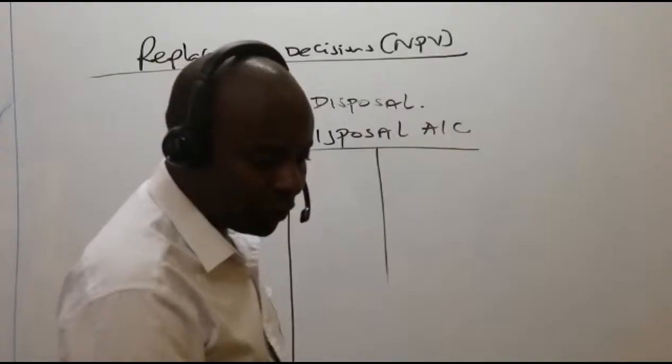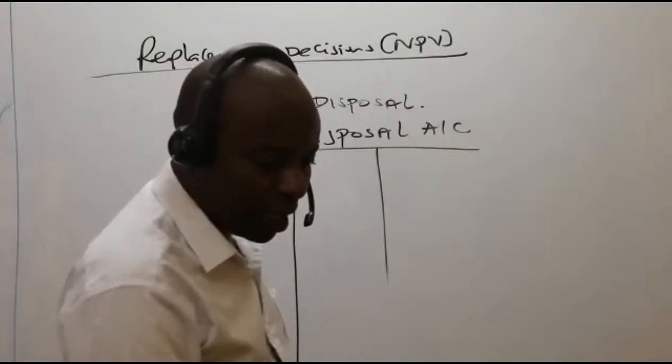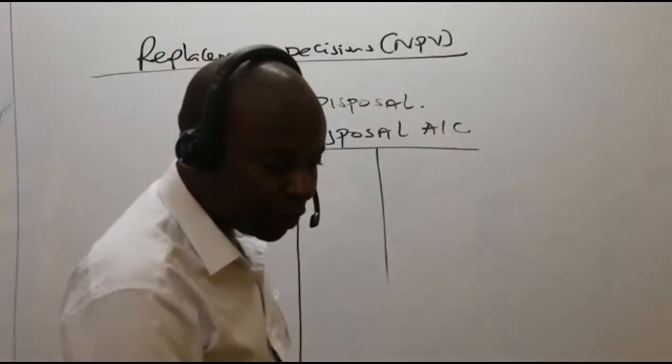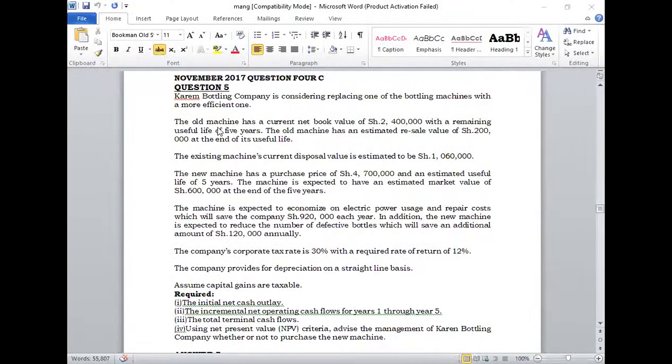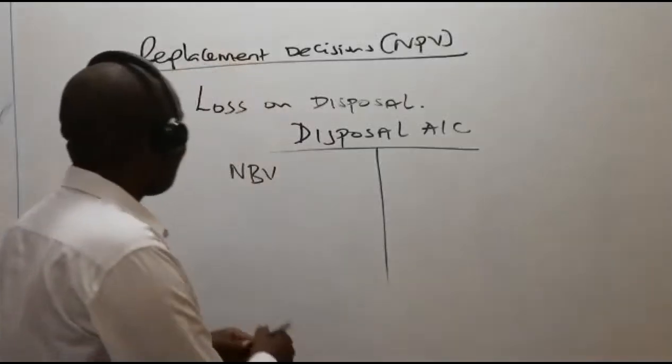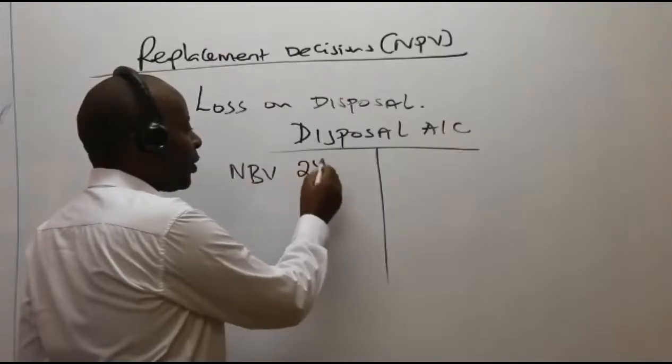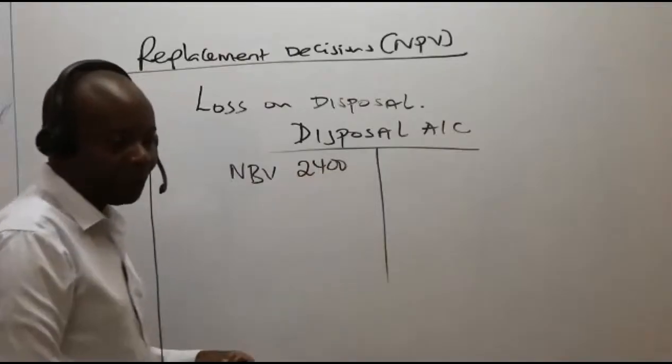They have told us the old machine has a current net book value of 2.4 million. So this is what I bring first here. I would want to put my figures in thousands, so 2,400 like that.